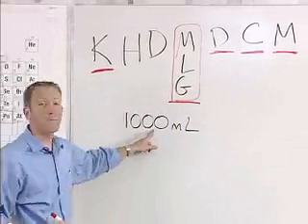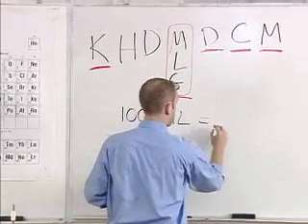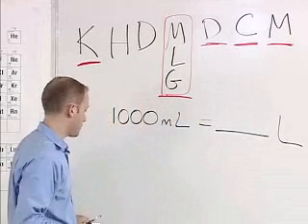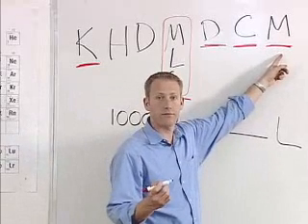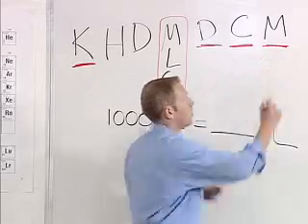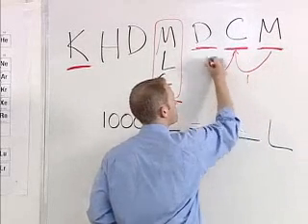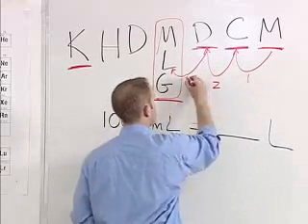So you want to go from milliliters to liters. So you want to know 1,000 milliliters equals how many liters. What you do is you go to milliliters, which is right here. You find out where you want to go to liters. So you want to go one space over, two spaces over, and we want liters three spaces over.